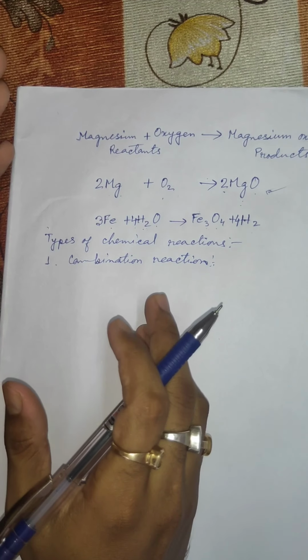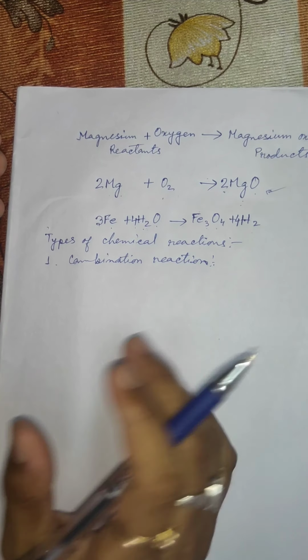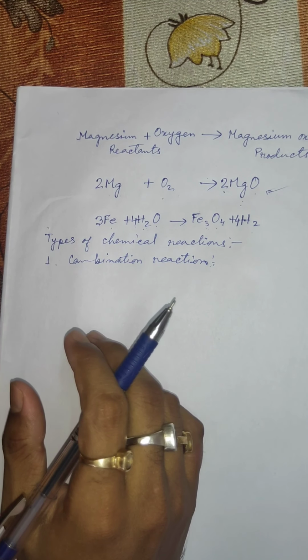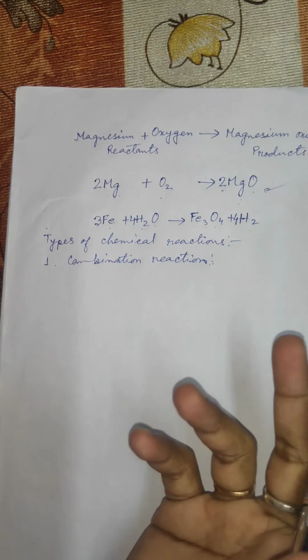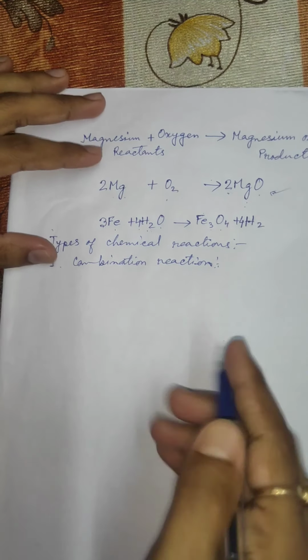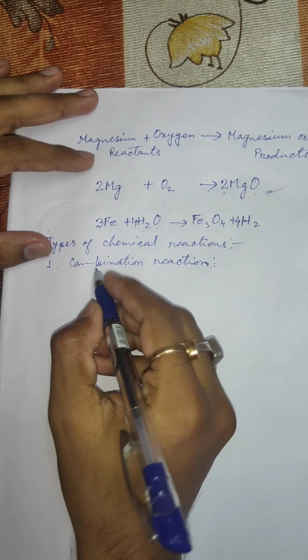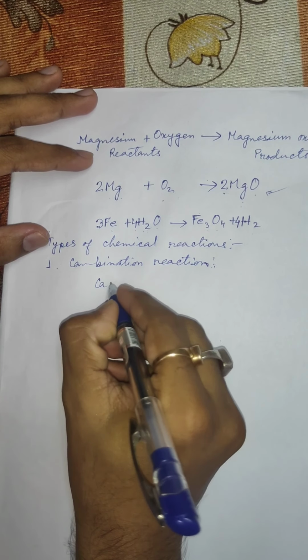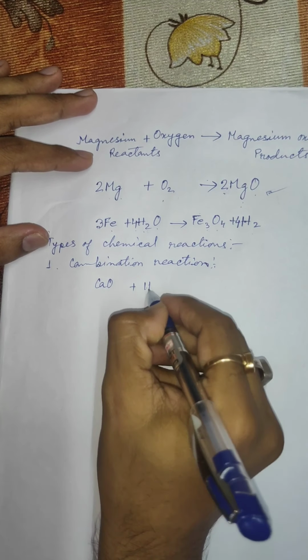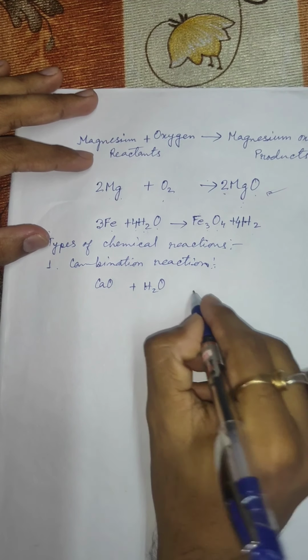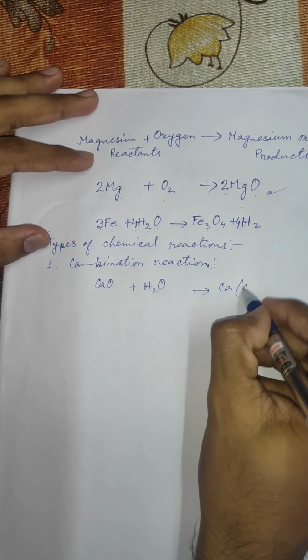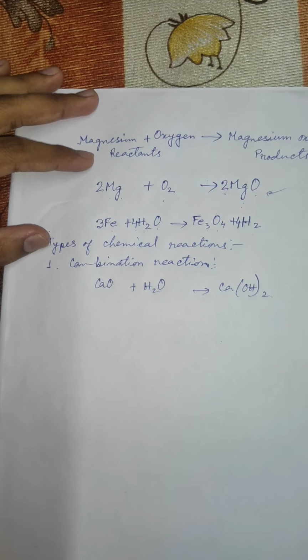Combination means combines. In the reactant side, 2 or more reactants will combine to form a new substance. So there is an example in your book, I can mention it. CaO plus H2O equal to Ca(OH)2.